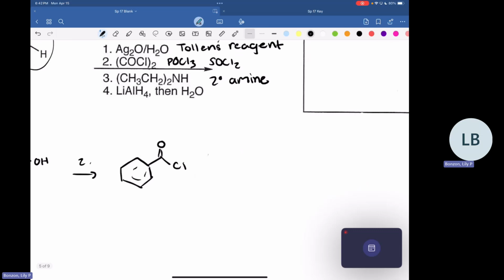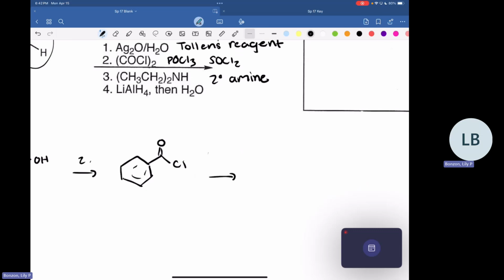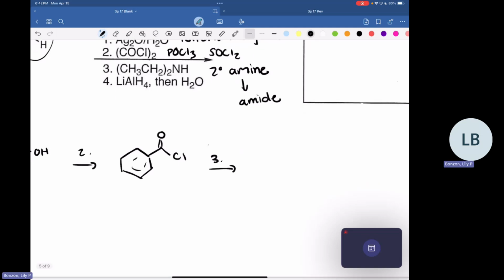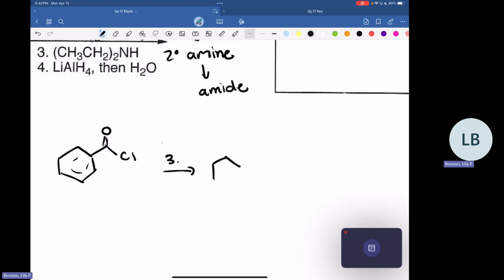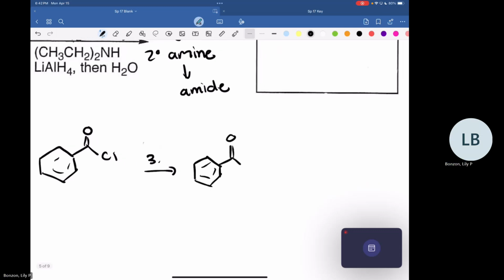And so an acyl chloride with a secondary amine is going to form the amide. So this one's not an enamine forming reaction. This one's just going to form an amide. We're just going to attach that nitrogen there, and then it'll keep its two alkyl groups. We've got our two ethyl groups on there.